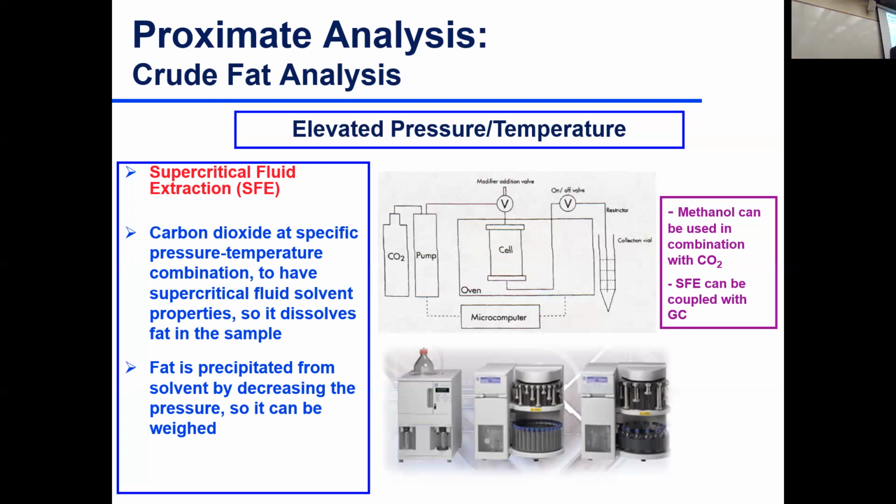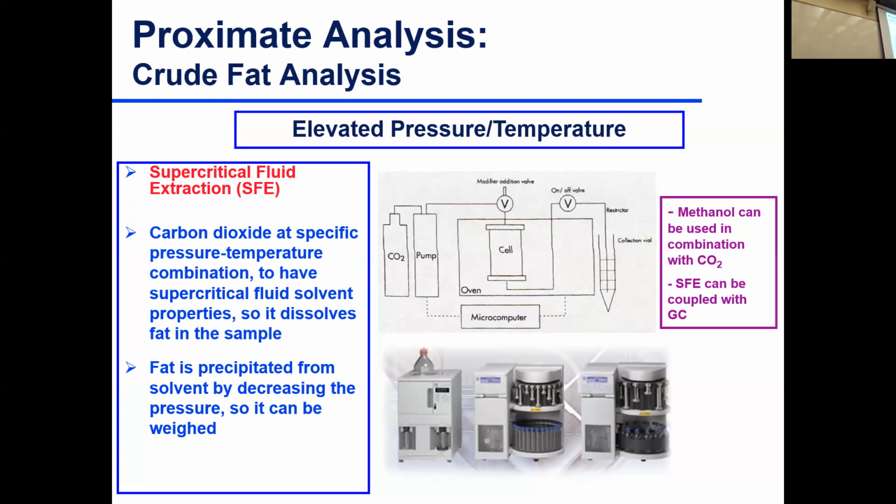So basically you have a tank for CO2 and then it gets pumped into a cell where you have your sample, it gets heated, and then the solvent is soaking the sample, extracting the fat, and then the solvent is moved into a collecting vial.